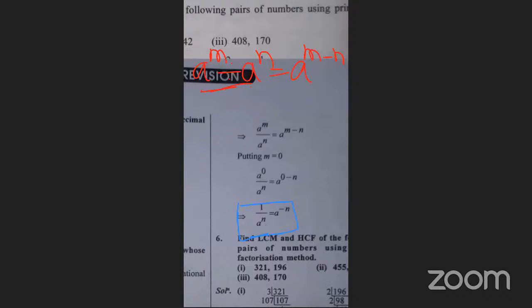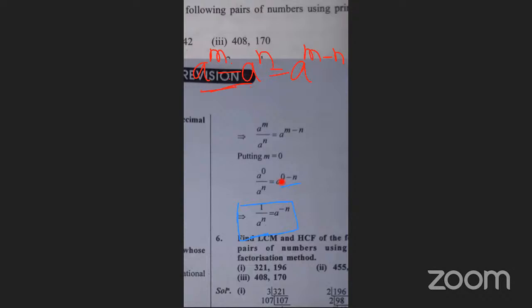Yes, Abhulation? Sir, after the equals sign, a to the power 0 will be 1 or not? After equals, a to the power 0 is there, but you have given a at last. Anything to the power 0, sir, is 1. No, here minus n is there too. Here it is 0 minus n.